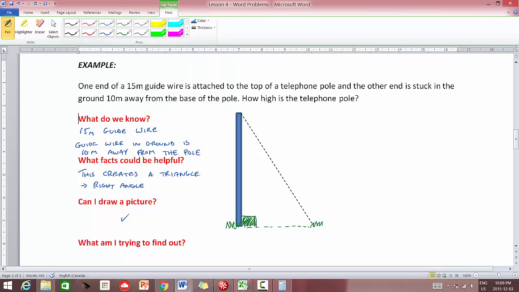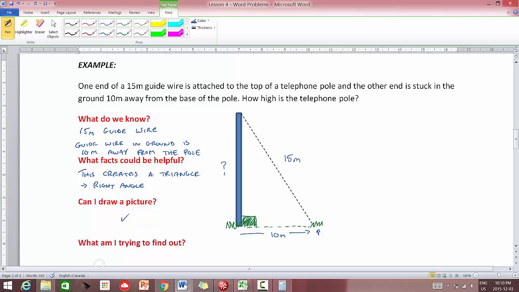So it says at one end a 15-meter guide wire. So if this is the guide wire, this is 15 meters. And it says the guide wire down here is 10 meters away from the pole. So 10 meters away. Okay, so what we have to find out is how high the telephone pole is.